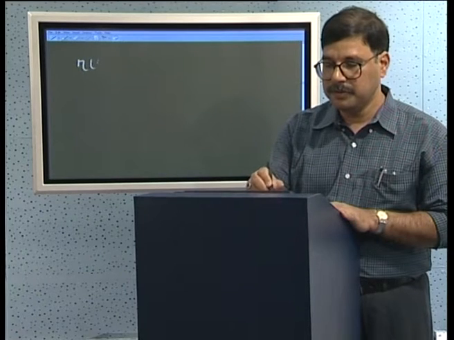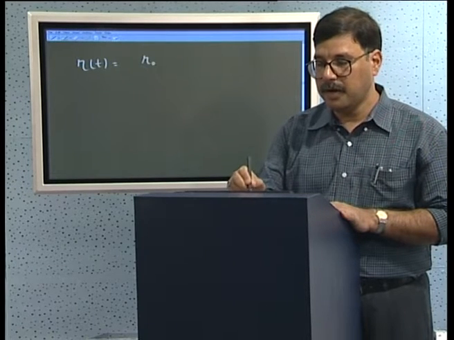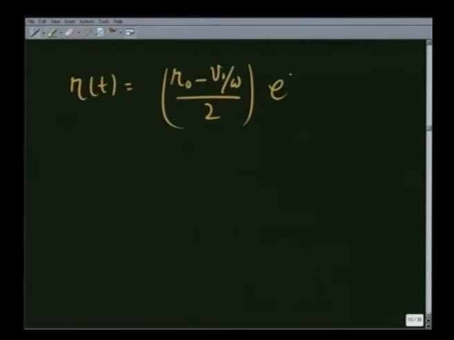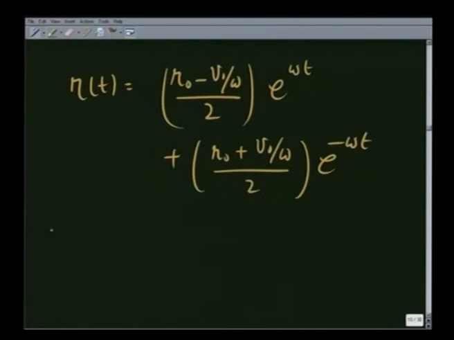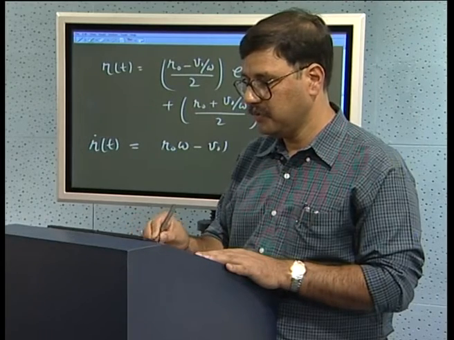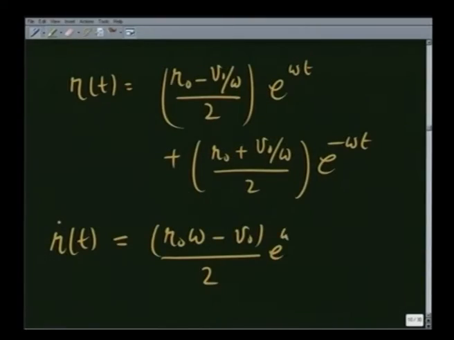So, my solution is going to be r 0 minus v 0 over omega divided by 2 times e raised to omega t plus r 0 plus v 0 over omega divided by 2 times e raised to minus omega t, and therefore, r dot as a function of time is going to be r 0 omega minus v 0 divided by 2 times e raised to omega t minus r 0 omega plus v 0 divided by 2 times e raised to minus omega t.